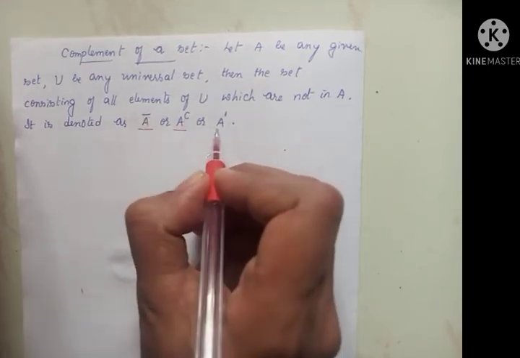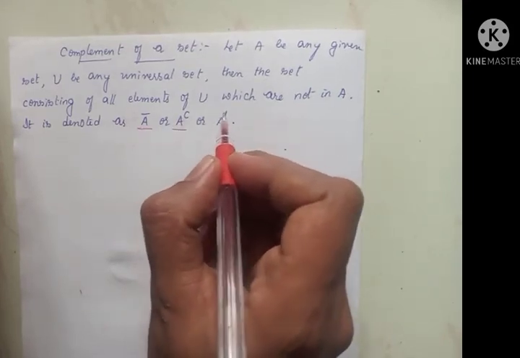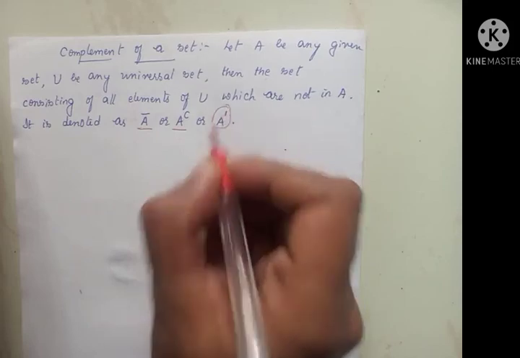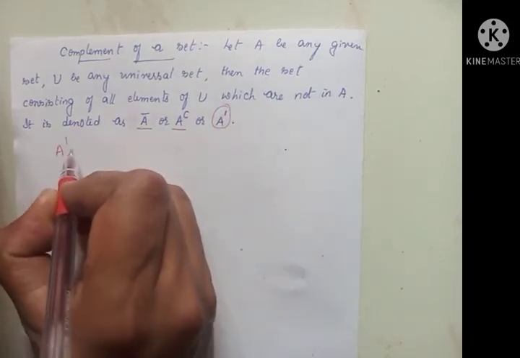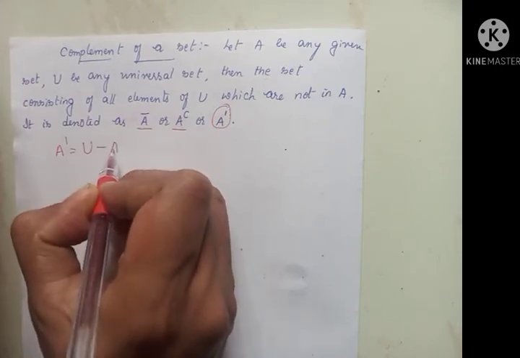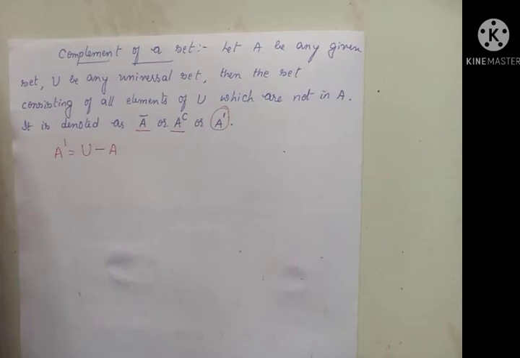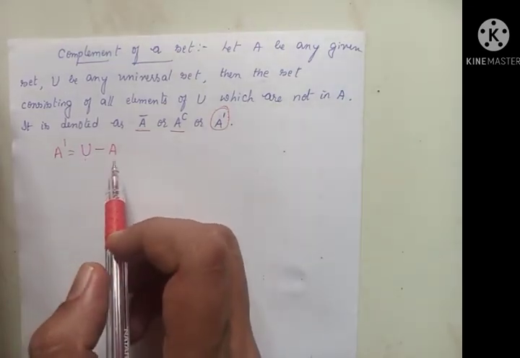You can use any of the symbols. Usually I'll use the symbol A dash. If you know how to define the difference between two sets, you can easily define the complement here. So A dash is nothing but U minus A.